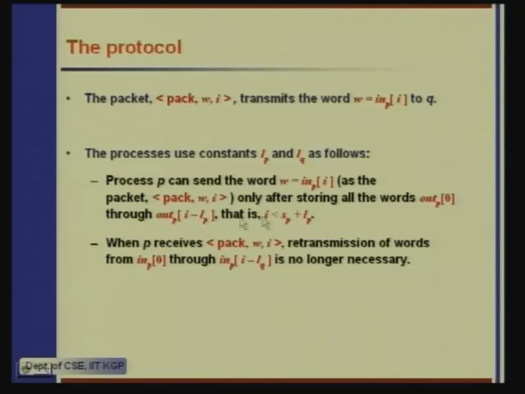See, all words from out p 0 through out p i minus LP should be received, right. So, i minus LP can at most be SP minus 1, right. So, i minus LP is less than or equal to SP minus 1, right. So, i is less than SP plus LP, clear? Is that clear? Because the word SP has not yet been received.